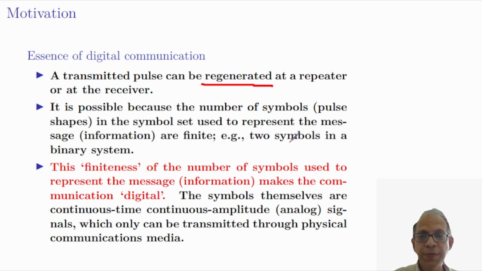For example, 2 symbols in a binary system or 4 symbols in a quaternary system. In modern communication techniques, suppose we are going for 16 QAM modulation or 64 QAM modulation, still this number 16 or 64 is finite, so we will have a finite number of symbols, and it is this finiteness of the number of symbols used to represent the message that makes the communication digital.